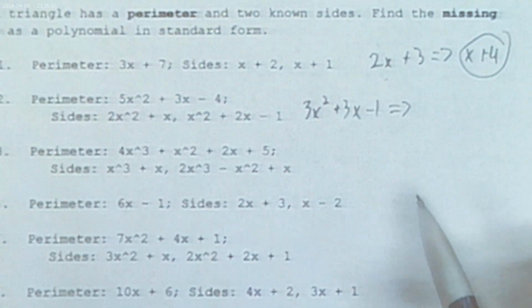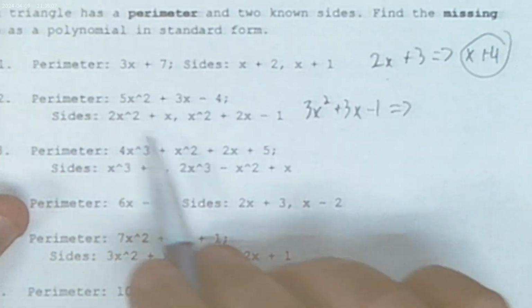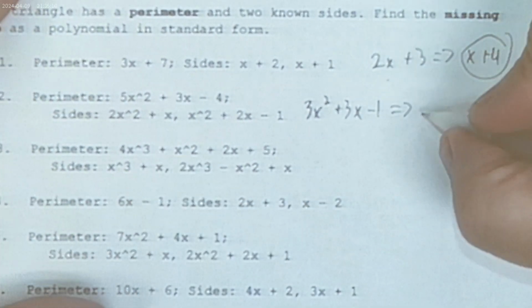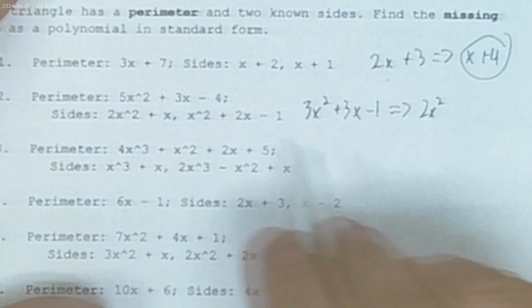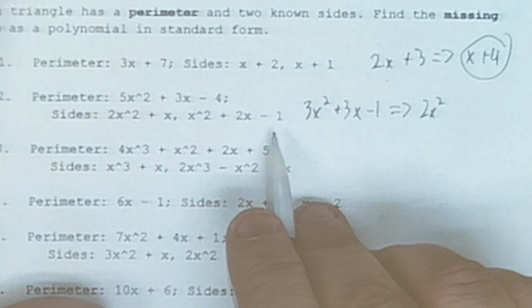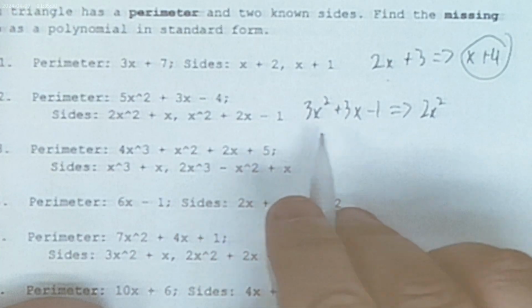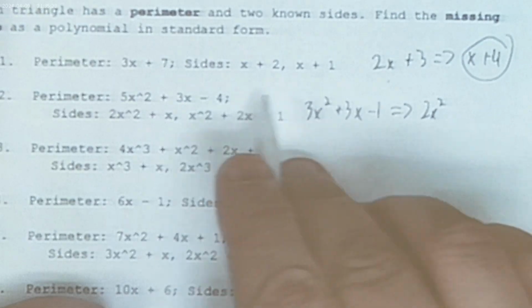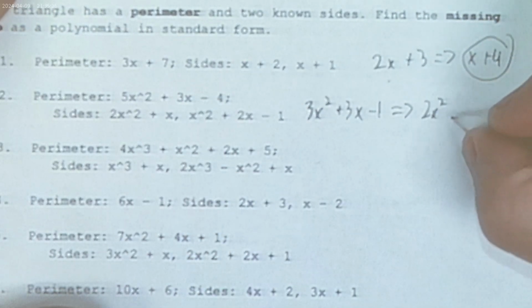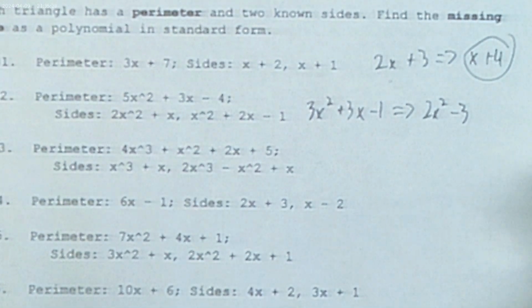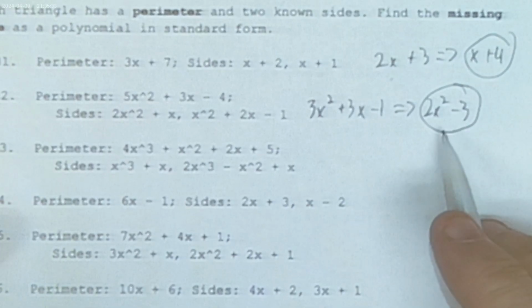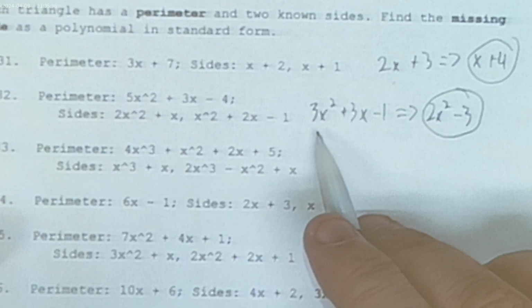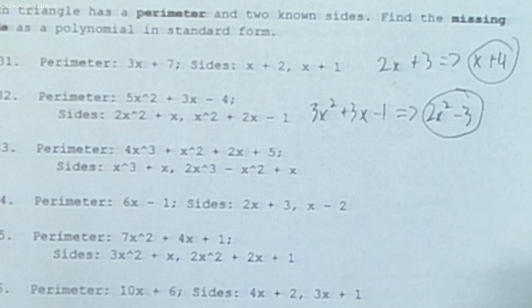If the perimeter is 5x squared, I've got to have 2x squared, and then 3x, so the 3x is taken care of. This is minus 1, and this is minus 4, so that means I've got to subtract 3. And so 2x squared minus 3 is going to give me my perimeter. So that's how you solve for the missing side.